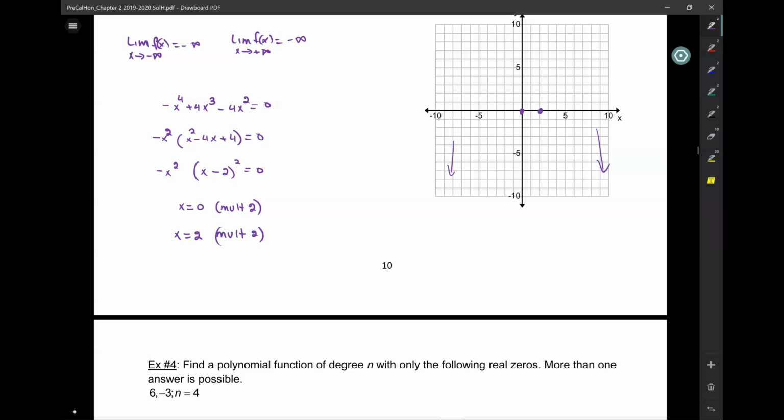So, from left to right, if it's starting from down here, it's going to increase and hit that 0, and then do what? Turn around. Turn around. Now, it has to turn back around to hit that other 0, right? And then do what? Turn around again.